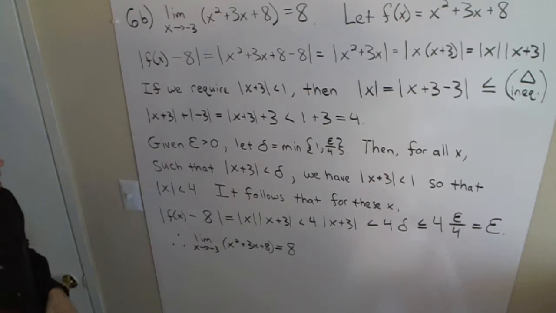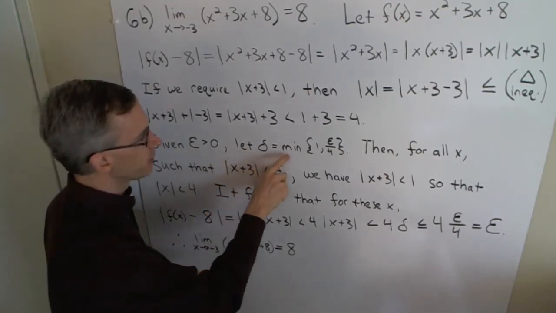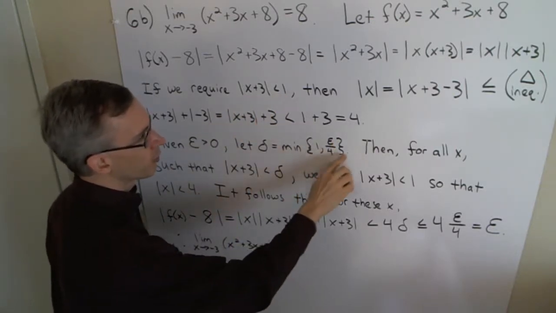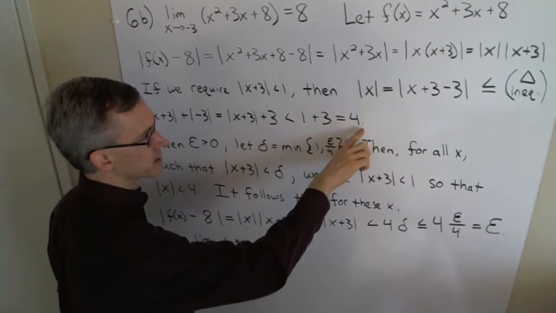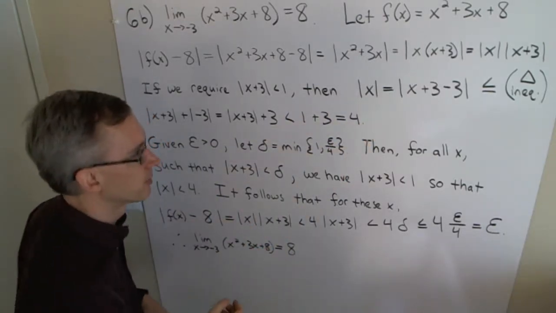So given any arbitrary epsilon greater than 0, we will define delta to be the minimum of 1 and epsilon over 4. And the 4 comes from the bound on x. And we'll see how that works out nicely in the algebra in just a moment.